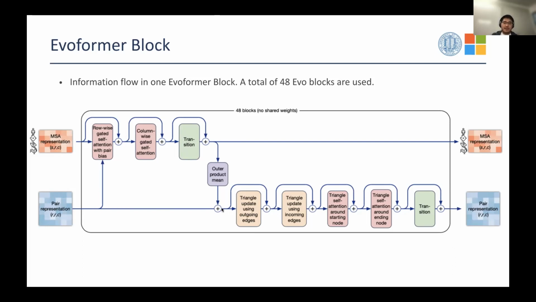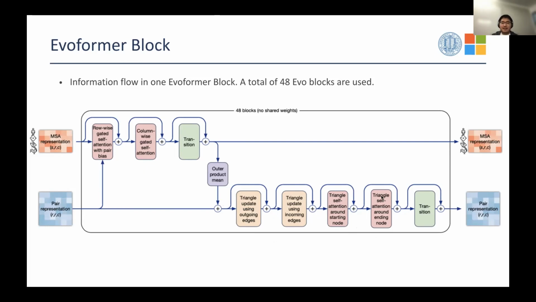And in the pair representation, with the input information from the updated MSA, we now have 4 blocks of triangle-based updates. They are called triangle update using outgoing edges and triangle update using incoming edges. Those two are relatively similar. We will see the edges. What are the edges here? And another two are called triangle self-attention around starting node and triangle self-attention around ending node.